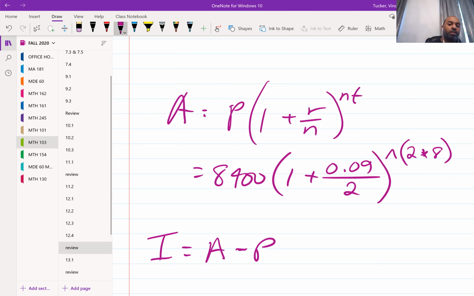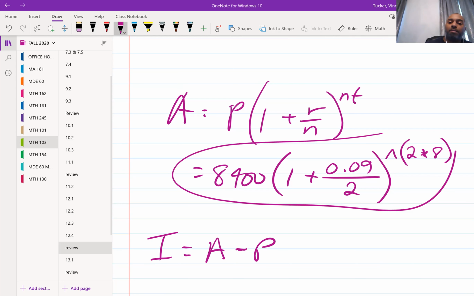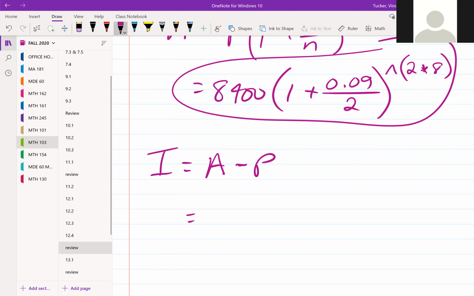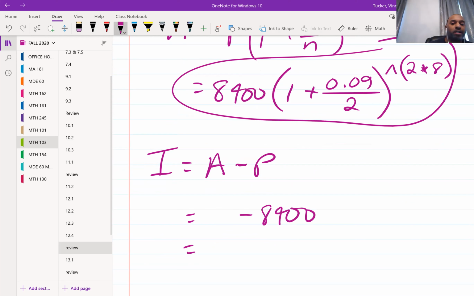You know how much you earned: the actual amount in your account minus the amount you started off with. So this is going to give you the amount of money in your account after 8 years. Whatever that is, you minus 8,400 because that's what you originally had, and then that will give you how much you actually earned over those 8 years. So whatever number you get from the calculator, you put right there.